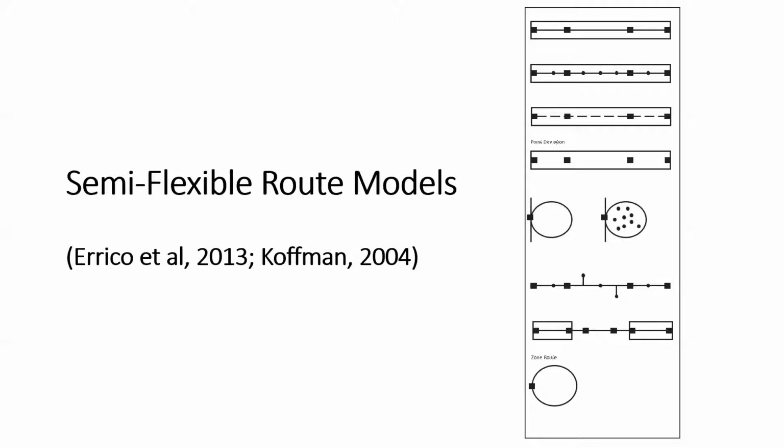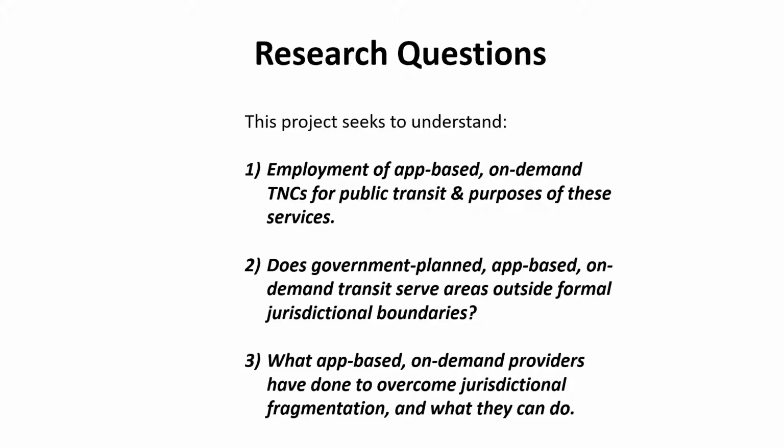For example, using on-demand services to cover a single route, maybe stopping at different places along the route depending on demand, sometimes deviating from that route to serve people near the main line, sometimes acting as a feeder service to serve people within a certain area and then bringing them to a station. So there are certain service models that have looked at on-demand public transit.